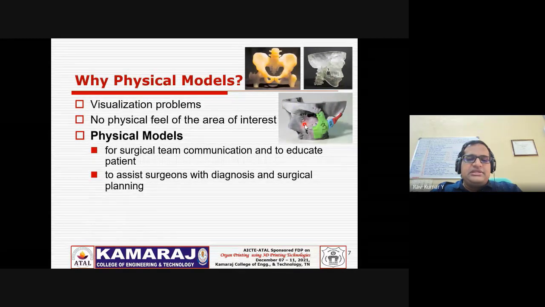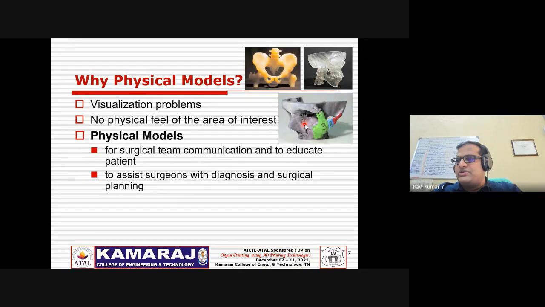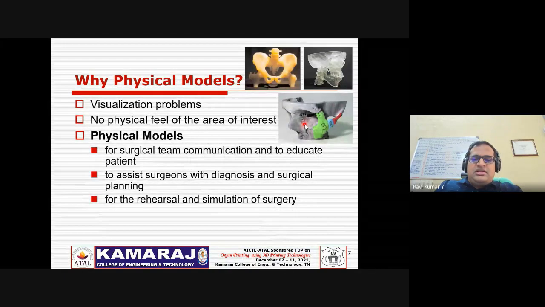They can even take these models into the operation theater and work on these models intraoperatively. It also allows a rehearsal and simulation of the surgery.